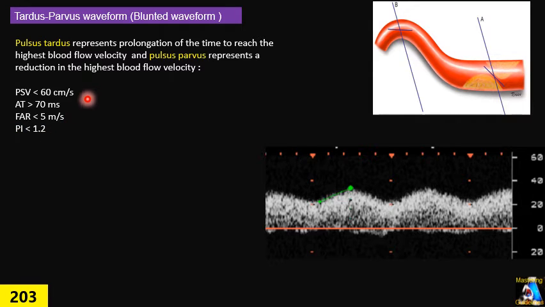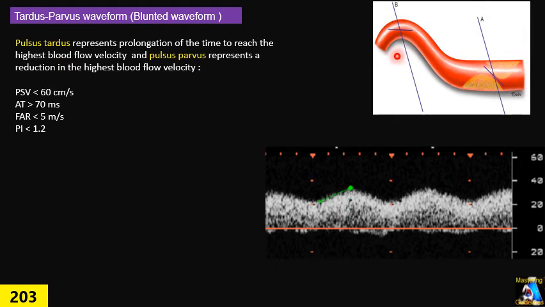Whenever we see this type of waveform, we have to make sure that we have a significant stenosis proximal to that spot.